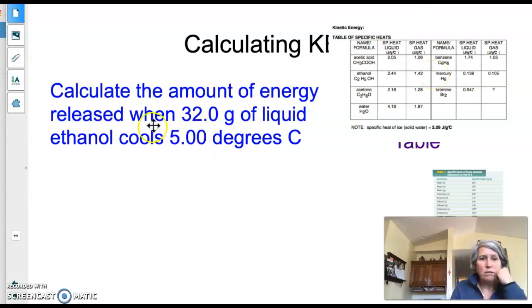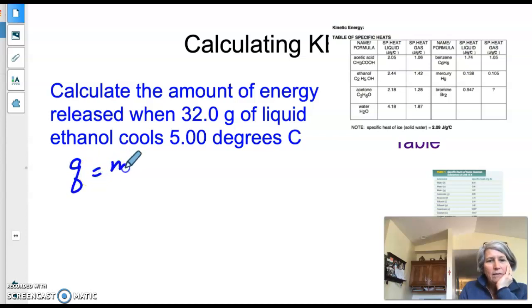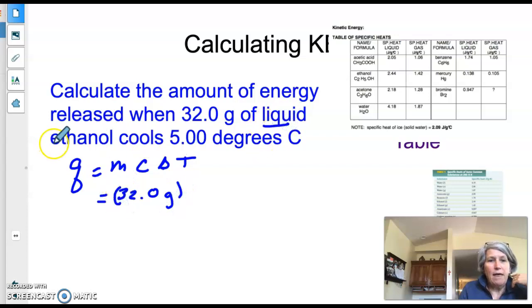So I'm going to use my equation here, which is the Q equation. So let me turn my pen on here. I'm going to write out Q is equal to the mass times the specific heat times the delta T. Now I'm just going to plug in what I know. Well, I know that the mass is 32 grams, and I know that I'm talking about liquid ethanol.